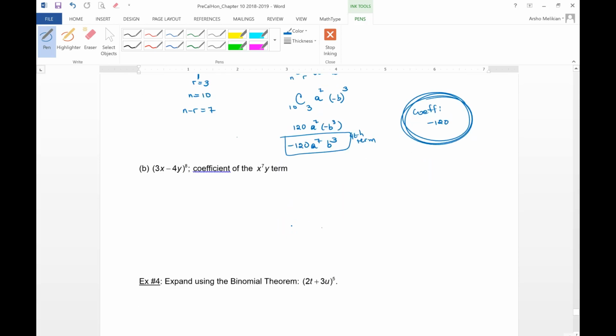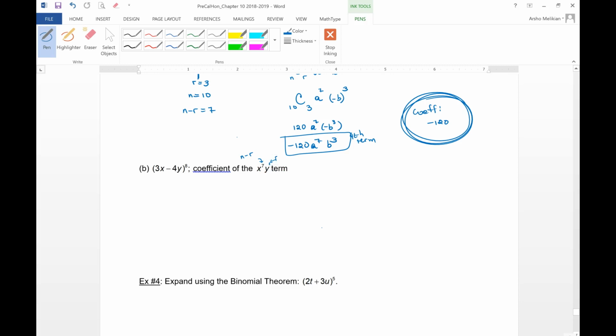Okay, let's take a look at this one. This is another way of asking you the same thing. So this one is telling you the x to the 7y term. All right, so look at what these are. This is n minus r, and then there is an exponent of 1 here. That's r.